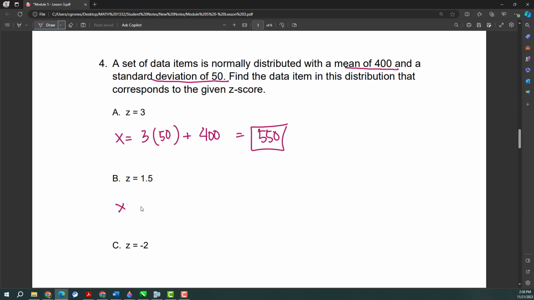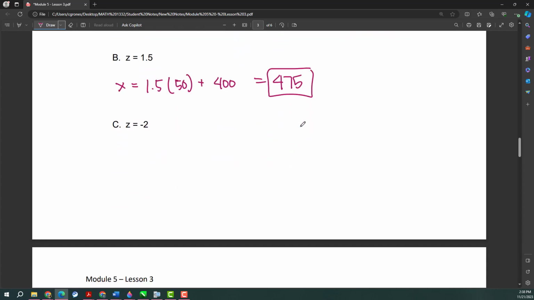So the only thing that is changing in these is our z. The mean and the standard deviation are staying the same. So 1.5 times 50 and then add 400, we should get 475. And then on C, z equals -2. So we have -2 times 50, and then we add 400. We should get that our item is 300.